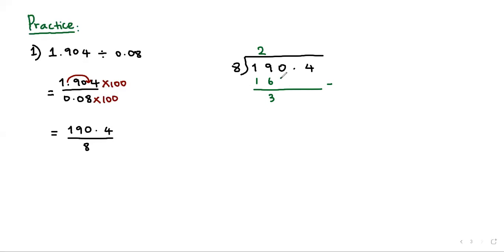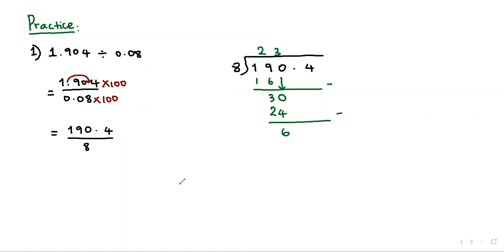We cannot get 3 divided by 8 since 3 is smaller than 8. So we have got to bring this 0 down so that we get 30. And what is 30 divided by 8? 3. Very good. 3 times 8, what do we get? 24. Let's subtract 24 from 30. What do we get? 6.